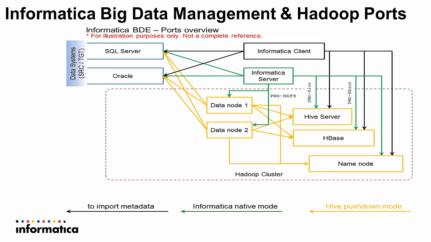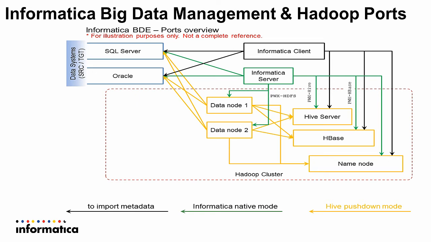The Informatica server will talk to the data nodes, to push that data in terms of native processing. Otherwise, when you process data, you're actually processing on the Hadoop cluster. My clients interact with the Hive server, with HBase, and with the name node. Why is that?